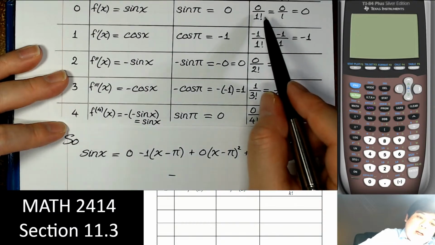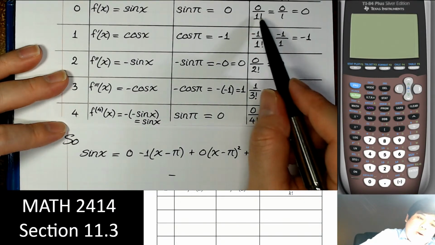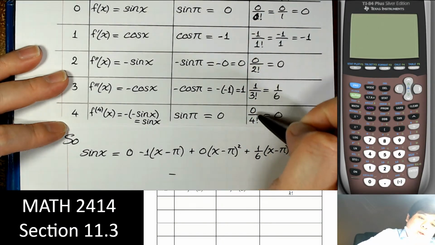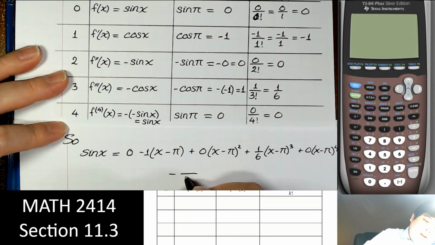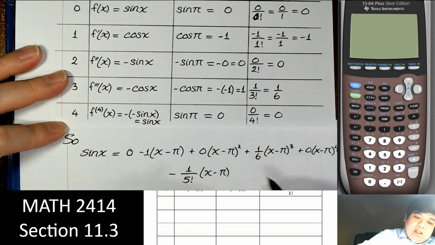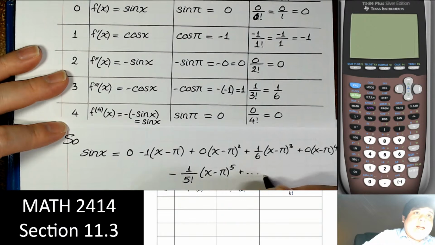So notice, 0 1 2 3 4, the next one is going to be 5 factorial, and there should be 1 on top, and (x minus pi) to the 5th, and so on.